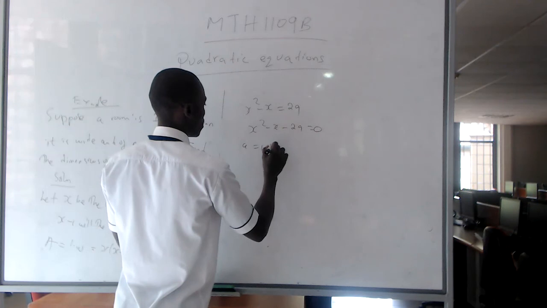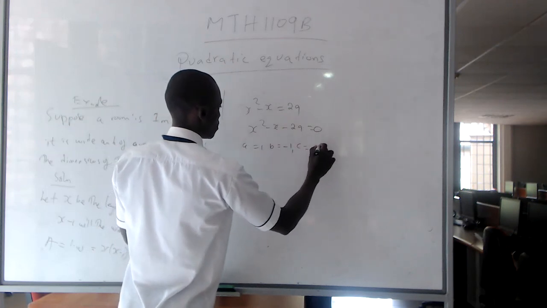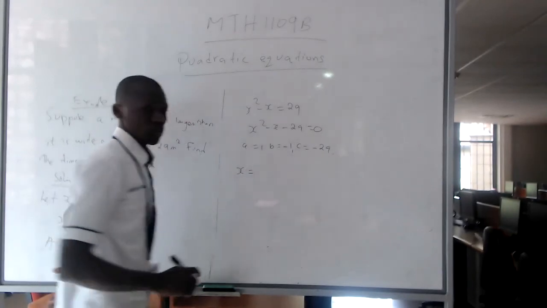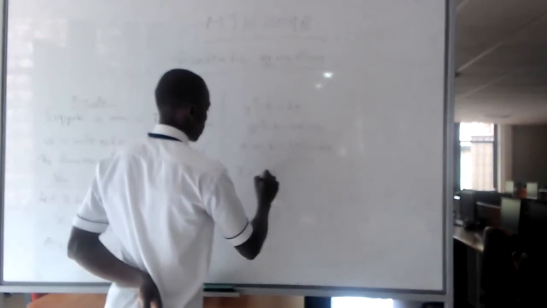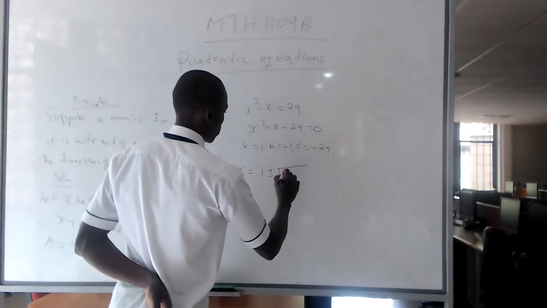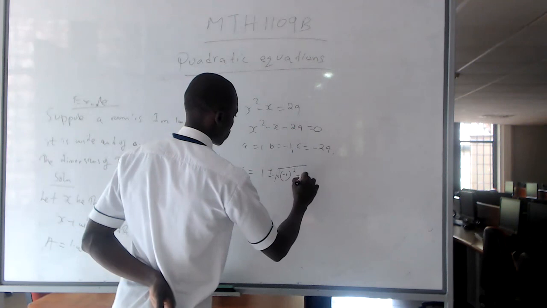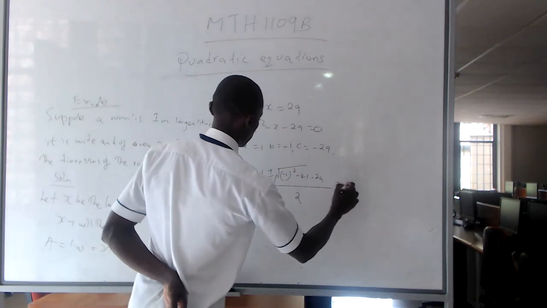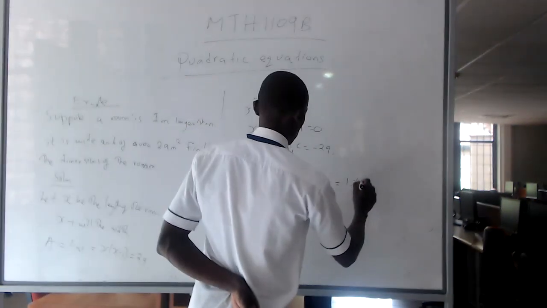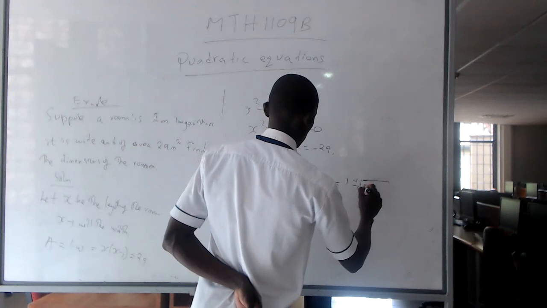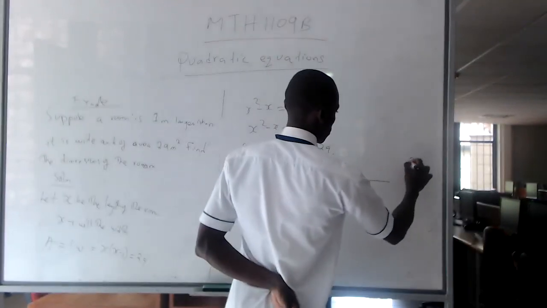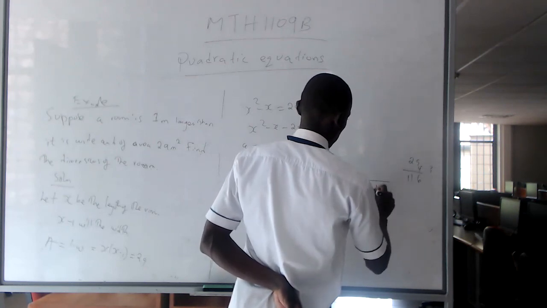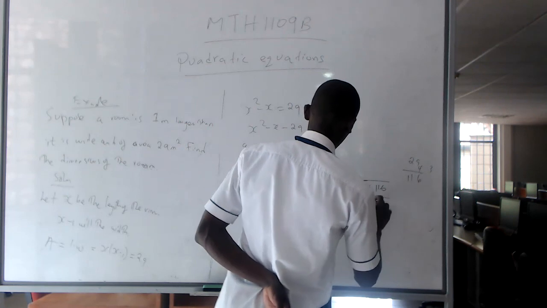So a is 1, b is minus 1, c is minus 29. Therefore, x should be, using the formula, 1 plus or minus the square root of minus 1 squared minus 4 times 1 times minus 29, divided by 2, which gives me 1 plus or minus the square root of 1 plus 116, divided by 2.